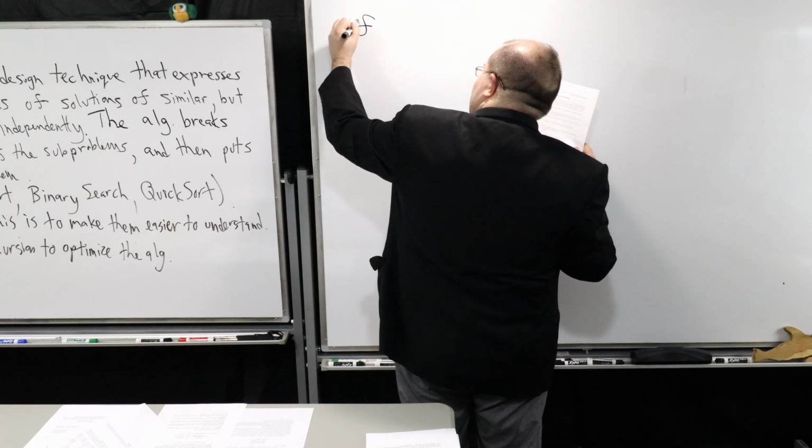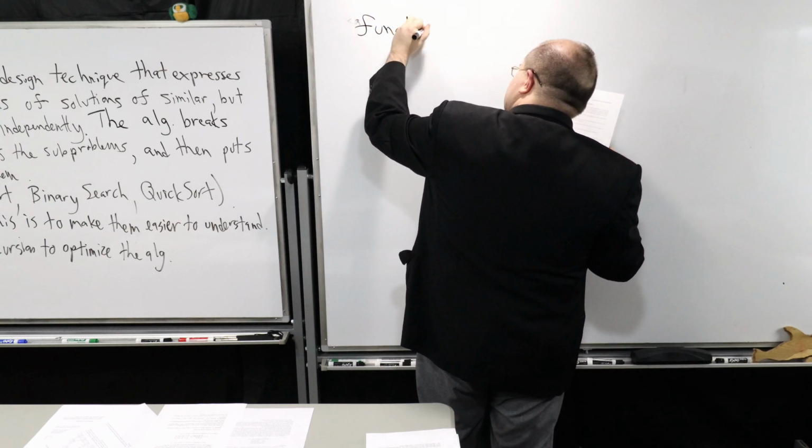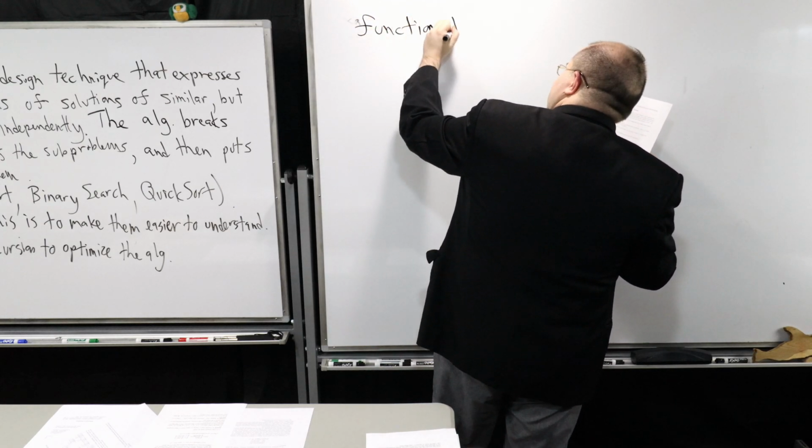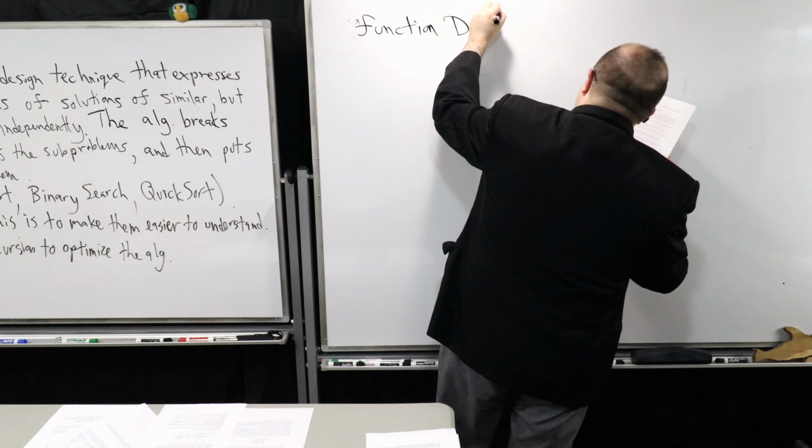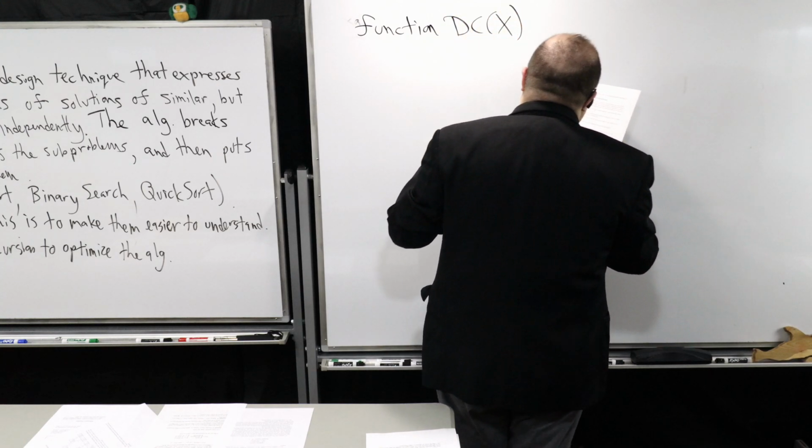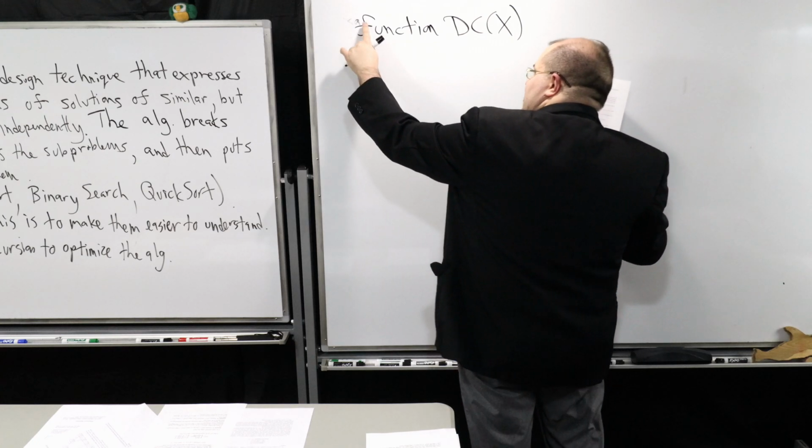If my description over there wasn't clear enough, here's the idea. Suppose I have a function, which I'll call divide and conquer, and suppose there is an instance called x. This is our input.